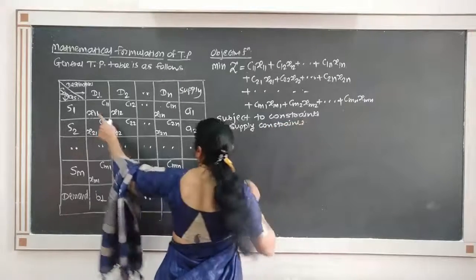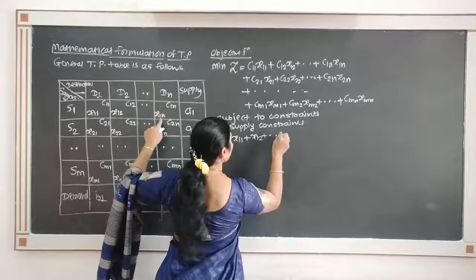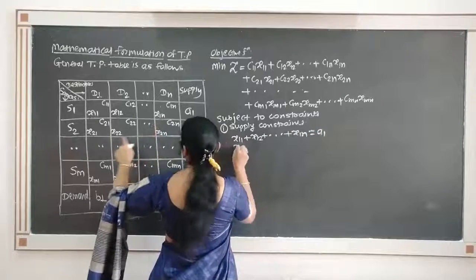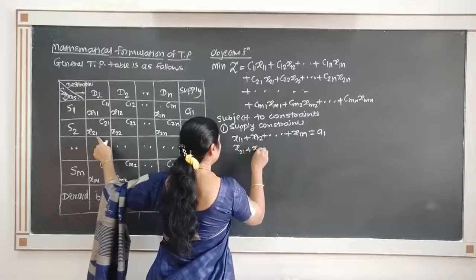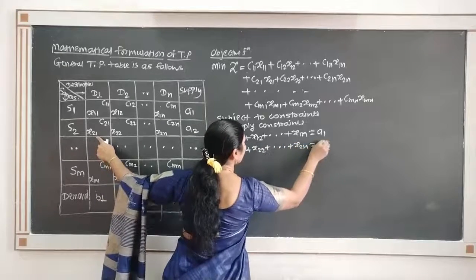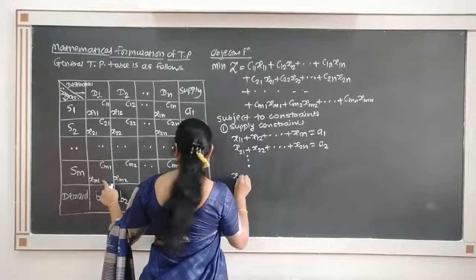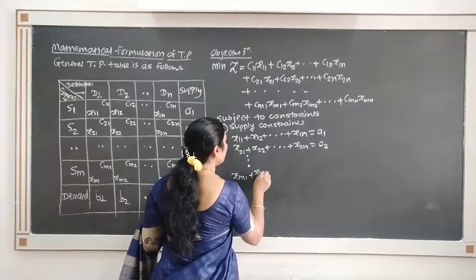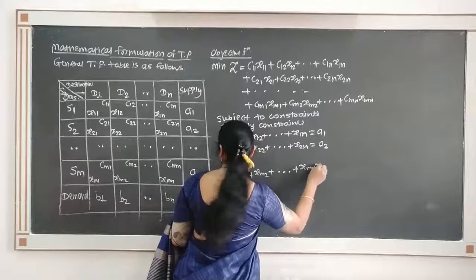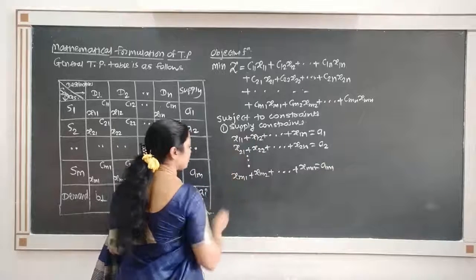The supply constraints are X11 plus X12 plus so on, X1n is equal to A1, X21 plus X22 plus so on, X2n is equal to A2, continuing, Xm1 plus Xm2 plus so on, Xmn is equal to Am. So these are the supply constraints.